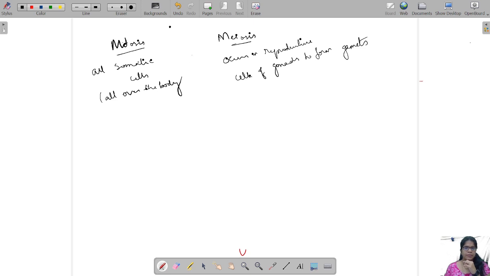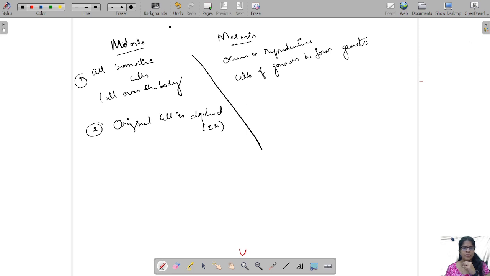Okay, this is a major important division. Please excuse me if I am not good at writing. Okay, see, here the original cell is diploid. Here also the same thing, right? The original cell is diploid. Great.